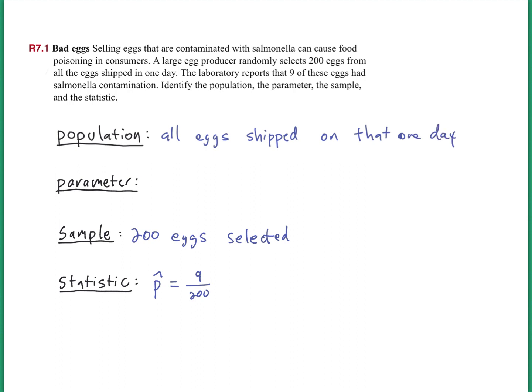Okay, and then the parameter. The statistic was the proportion of contaminated eggs, and I should say that also, p hat is the proportion of contaminated eggs from the sample.